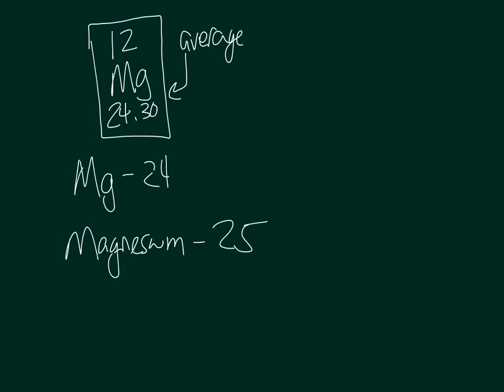So to calculate this, again, some of it doesn't change. Protons are always equal to the atomic number. There are 12 of them here. Electrons, there's no charge here, so the electrons have to be equal to the protons. The neutrons are still equal to the mass number minus the protons.